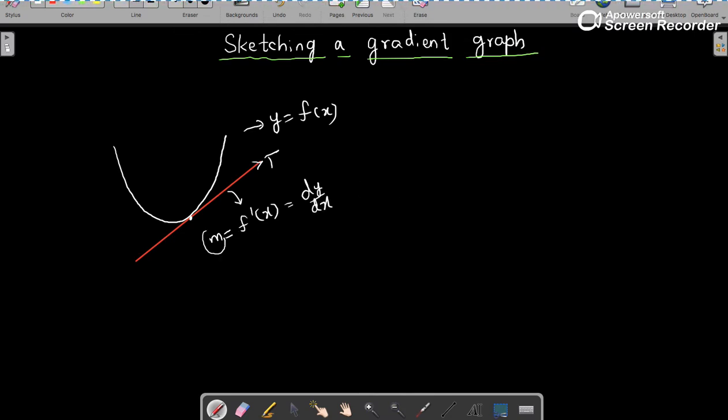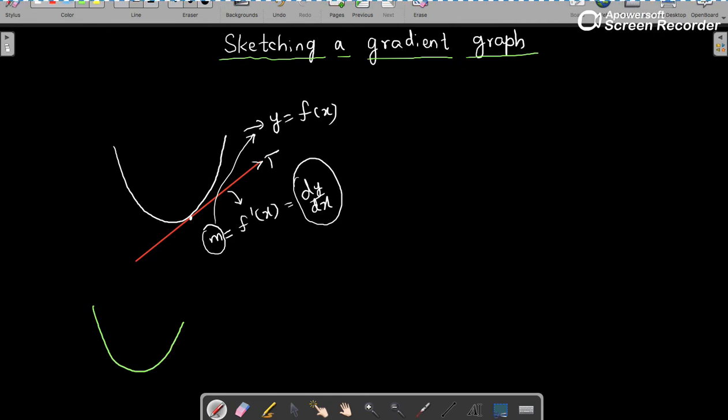This concept of slope connected with y is equal to f of x in terms of its derivative is what leads to understanding how to sketch a gradient graph for a given graph y is equal to f of x. So let us now check for the positivity or the sign change of the gradient. Imagine I had graphs like these.